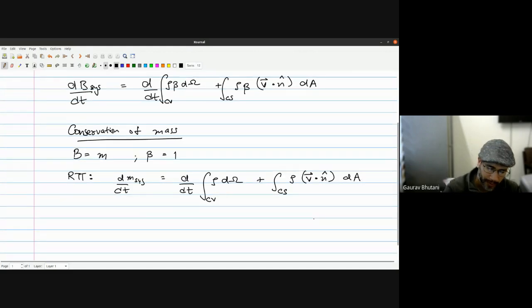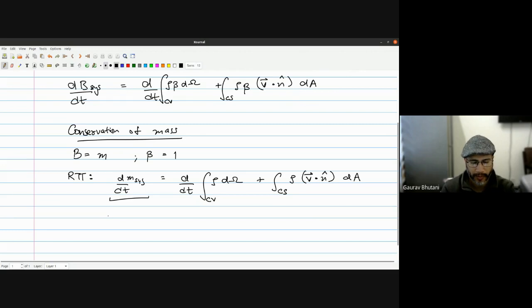And we also know that in this case, from the definition of a system, dm by dt of the system is 0, because a system is a collection of molecules. If you take the rate of change of the mass of a collection of molecules, that will be 0, because there is no nuclear reaction as such happening.